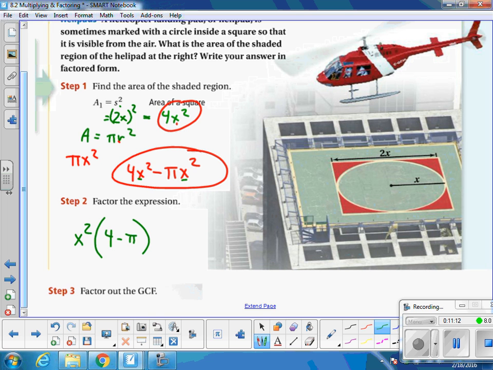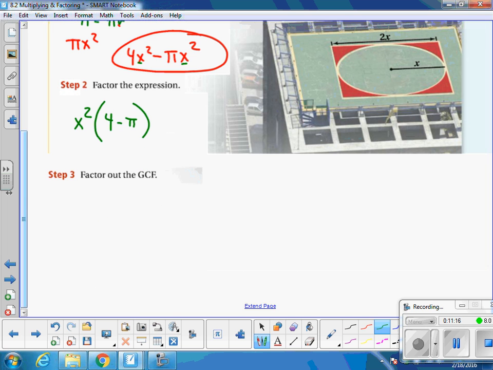Looks pretty good. Let's see what else we got. Factor out the greatest common factor. So factor the expression, factor out the greatest common factor. Actually, I did that already. So we're all set. This is one way to apply it in a particular situation, is getting it down to what is my expression once I've factored all the pieces out.